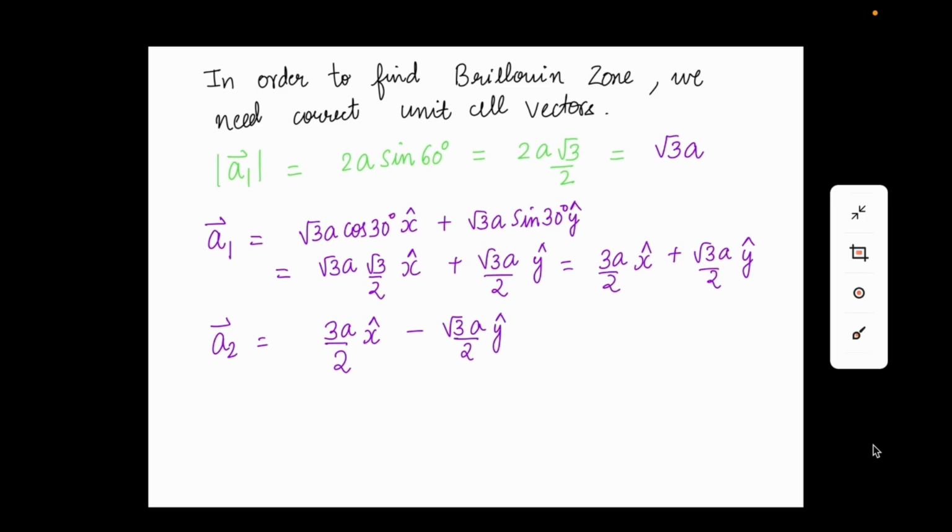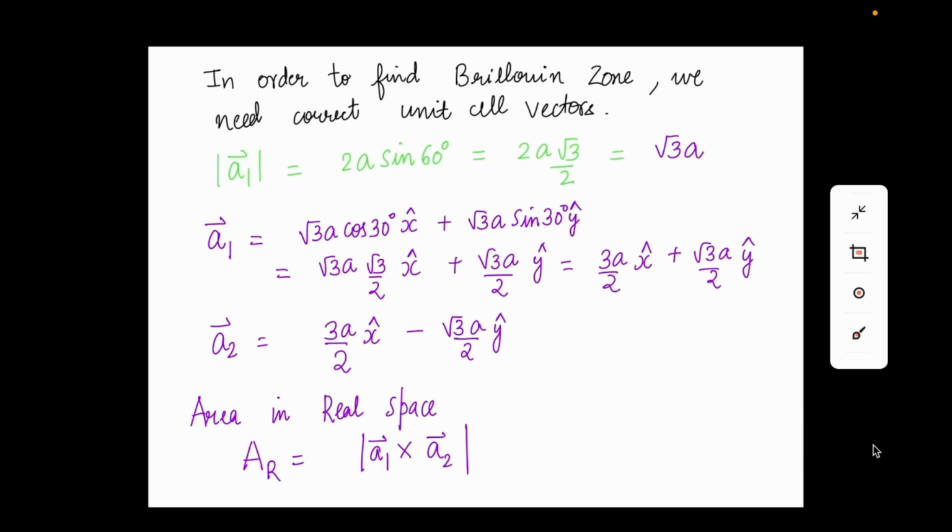Now, if you want to find the area in real space, that would be nothing but a1 cross a2.